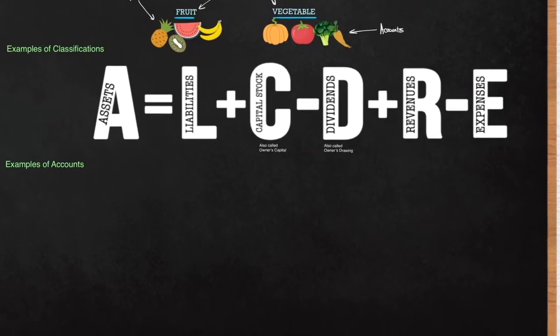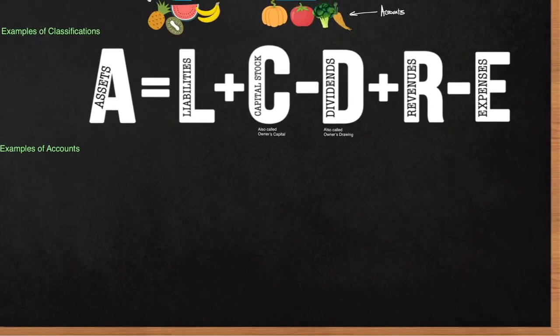I'm going to go over some of these examples of accounts. These take practice, but the more you familiarize yourself with them, the easier and faster you'll be at analyzing and recording transactions. Our first example of an asset is cash. Accounts receivable. Cash is cash. Accounts receivable is an account that implies it's money that you will receive in the future.